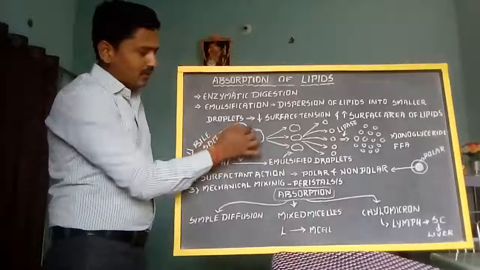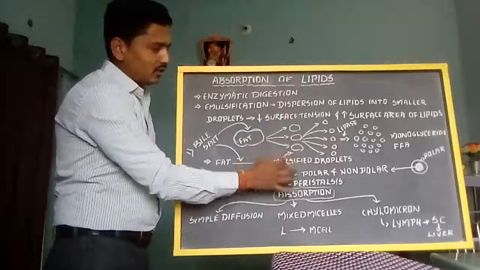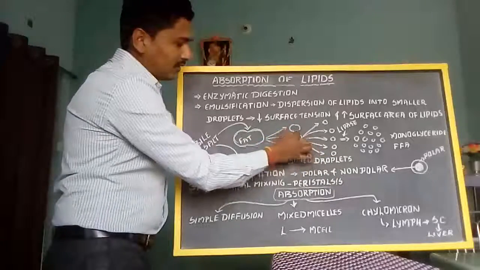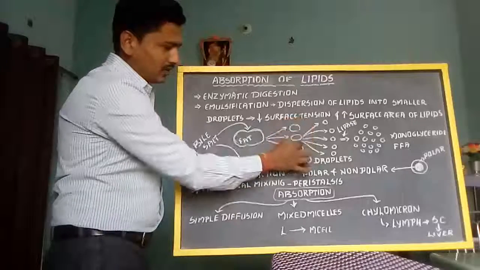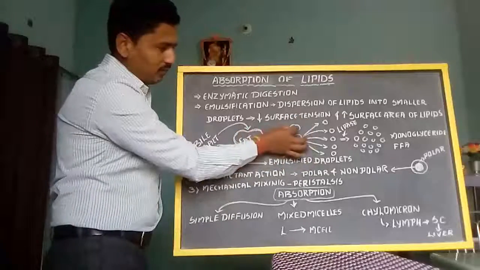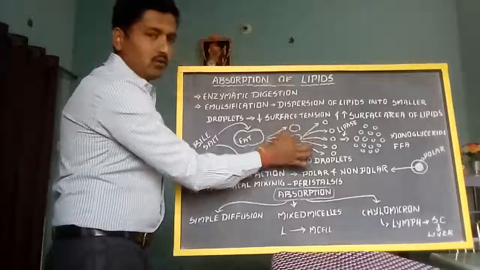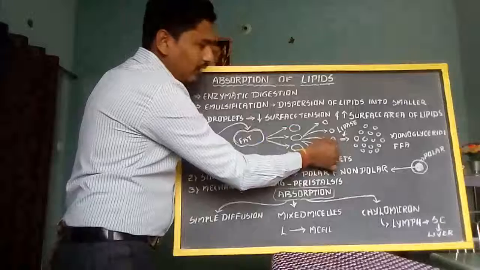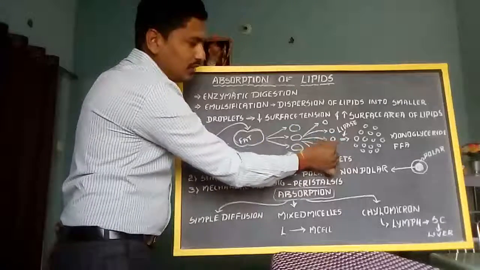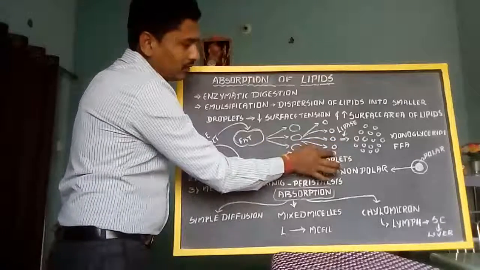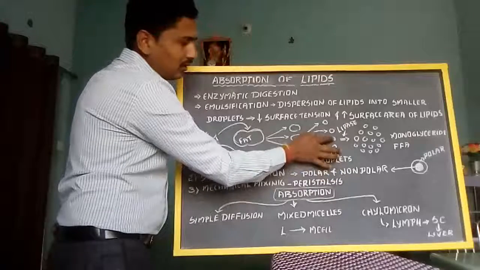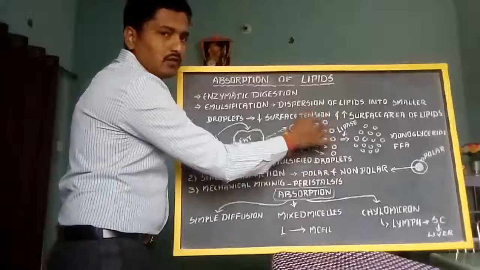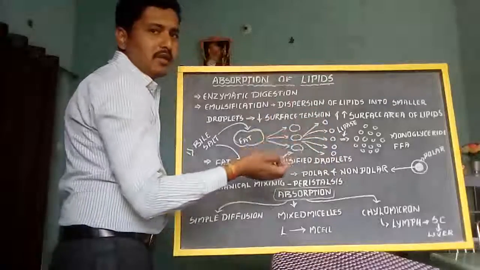After the action of bile salt, it becomes dispersed, emulsified, smaller droplets, and by this the surface tension is reduced. If you look at the area of the lipid droplets, it usually increases. Here so many droplets are formed, and the area of the droplets increases.